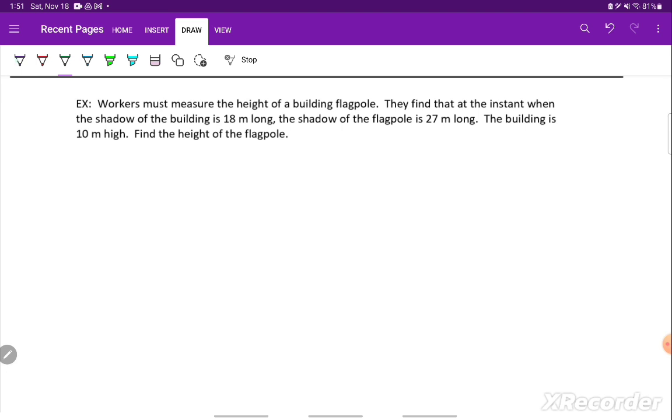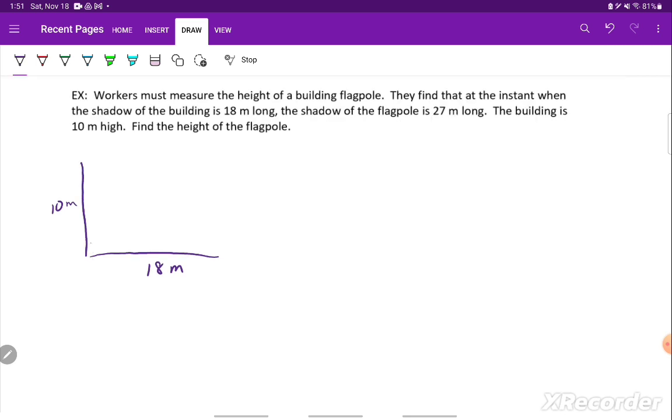I'm going to start by drawing a diagram. We have a building that is 10 meters tall, and the shadow of that building, which is on the ground, is 18 meters long. And the building is vertical and the ground is horizontal, so it's going to create a right angle here for us. And I'm just going to make a triangle connecting those.